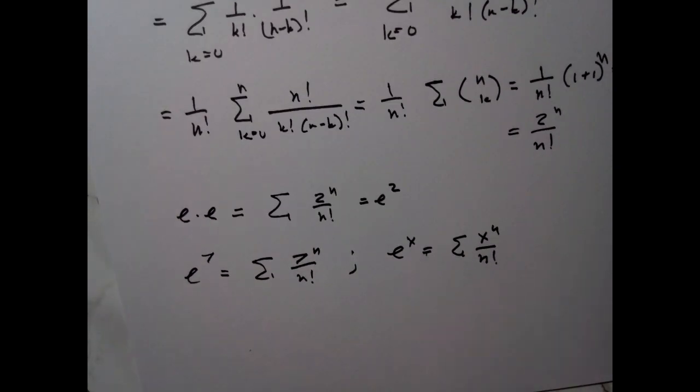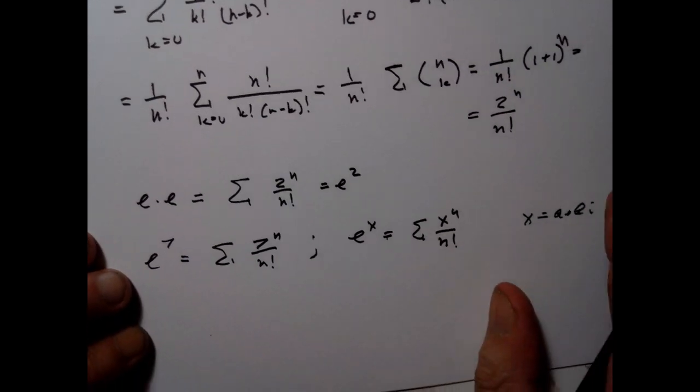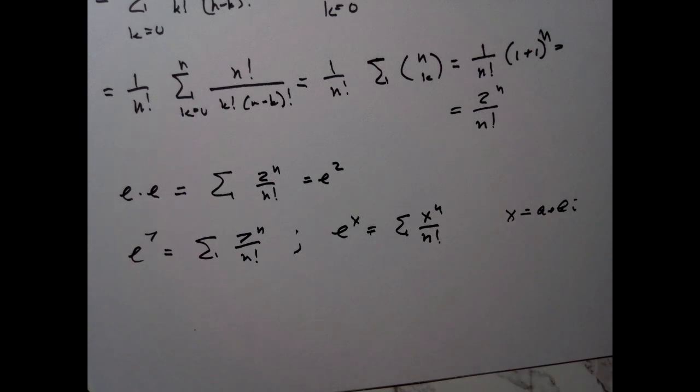And as long as I define e to the x this way, I really don't have to restrict myself to x being necessarily real. I can also assume that x is imaginary. So x could be a complex number, a plus bi. Are we good on it? Okay.